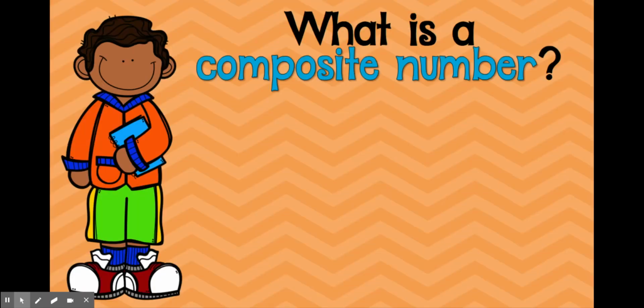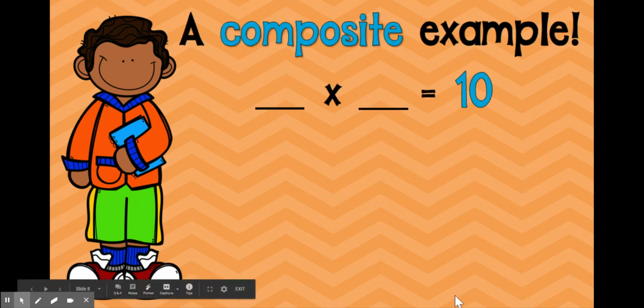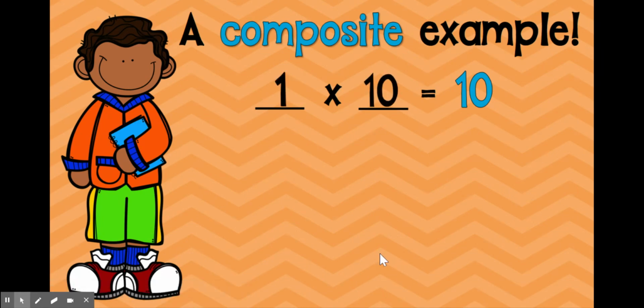What is a composite number? A composite number is a number that has more than 2 factors. It has more factors than 1 and itself. A composite example would be 1 times 10 equals 10.